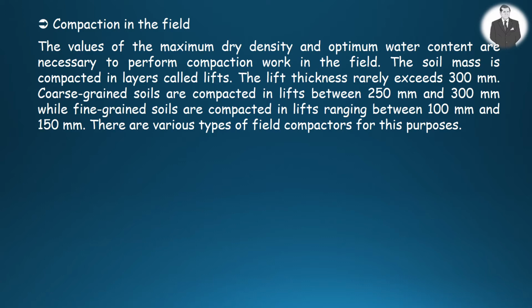The values of the maximum dry density and optimum moisture content are used to carry out a successful work in the field. The soil mass is compacted in layers, named as lifts. The lift thickness seldom goes beyond 300 millimeter.